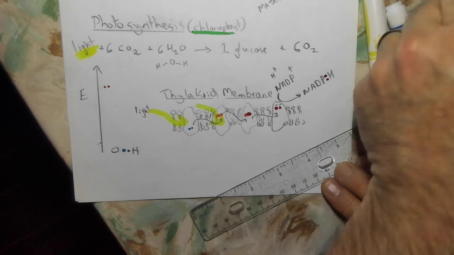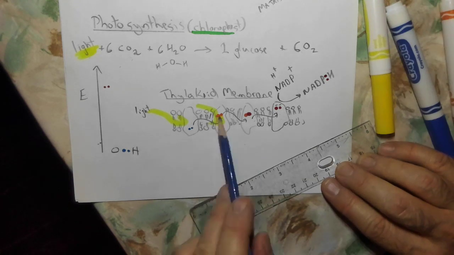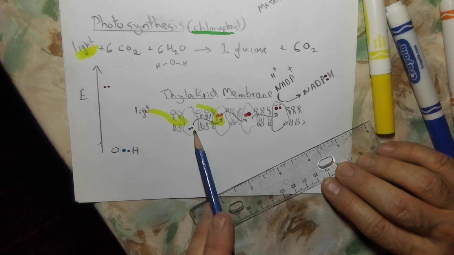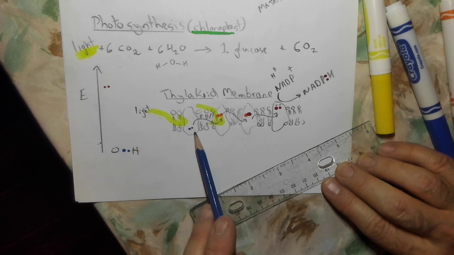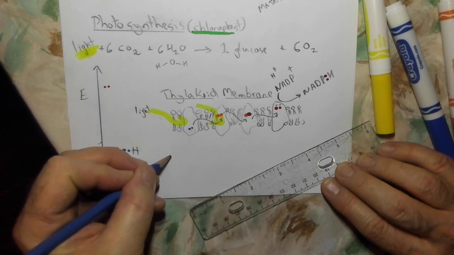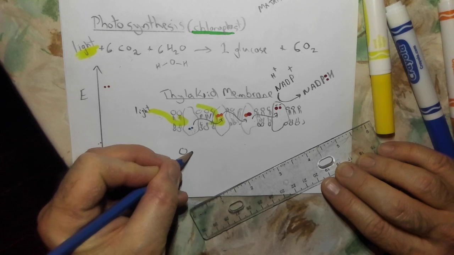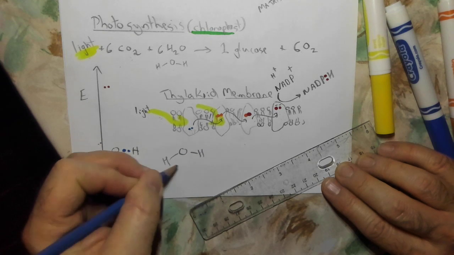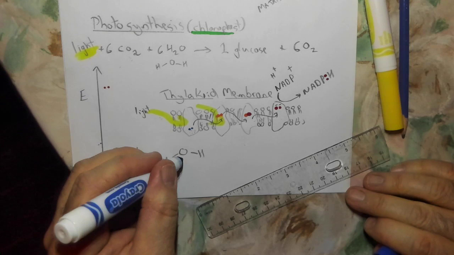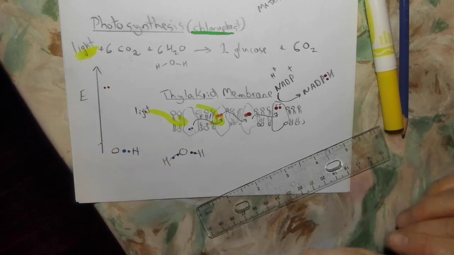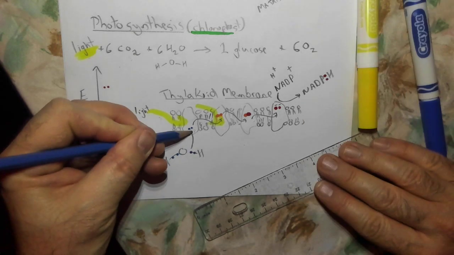One trouble we have here is that once the electrons have shuttled along the chain, this first protein is deficient. It's missing 2 electrons. It cannot keep supplying electrons no matter how much light is there. So we need to replenish these. This is where water comes in. Water, having those low energy electrons, has them pulled off of it.